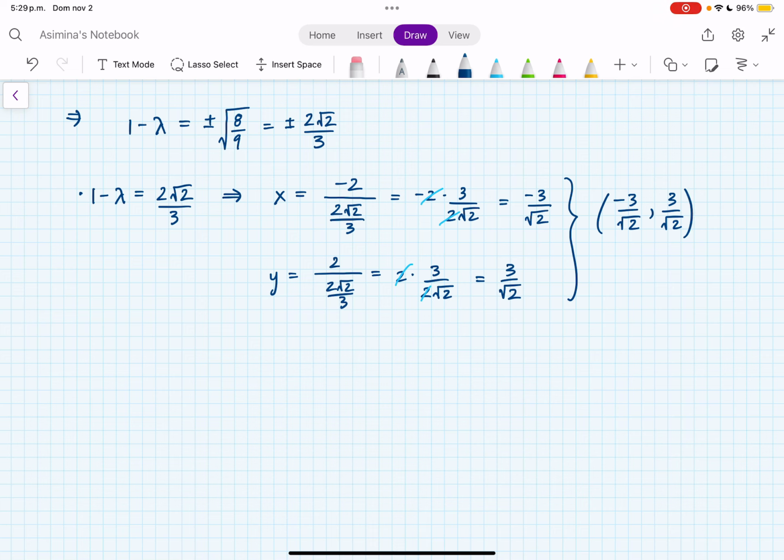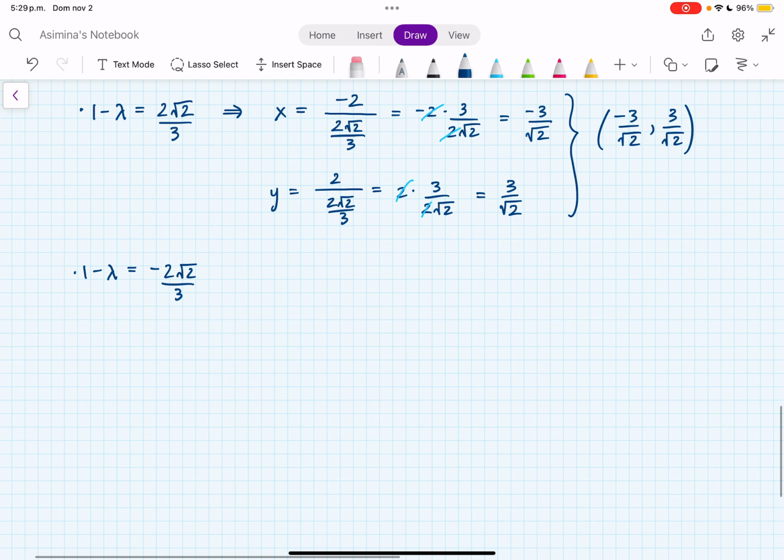Okay, now what if 1 minus lambda is equal to negative 2 root 2 over 3? What do we get for x and y? Well, again, x is negative 2 over 1 minus lambda, so this would be negative 2 over negative 2 root 2 over 3. So this is negative 2 times the reciprocal, which is 3 over negative 2 root 2. And so these negative 2's cancel out.